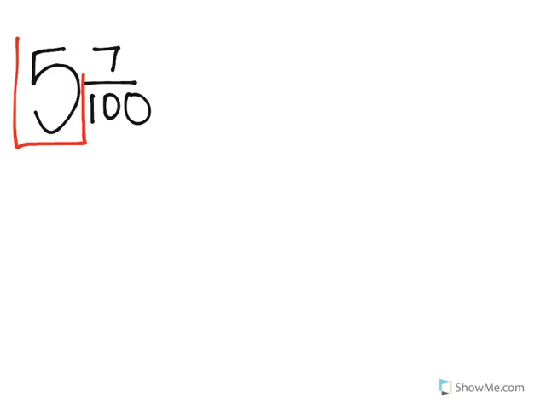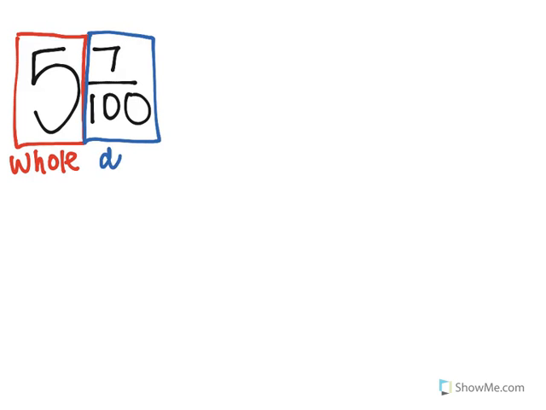Let's take another one. Let's do 5 and 7/100. Remember, my 5 is a what? Is it a whole or a decimal? It's a whole. My 7/100 is a decimal, or that fraction, or the part.